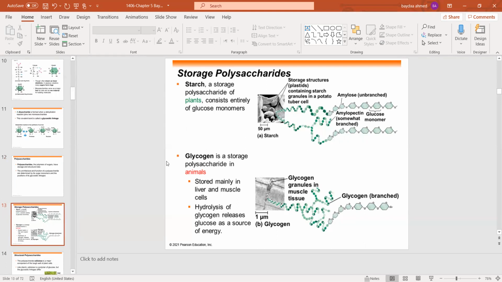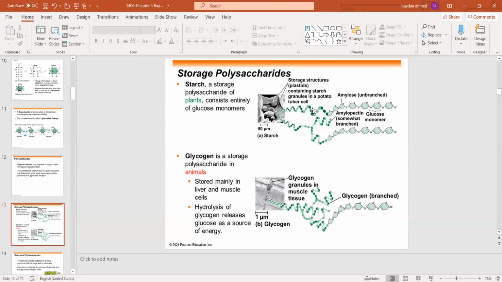Both plants and animals store sugars for later use in the form of storage polysaccharides. So storage polysaccharides are stored carbohydrates for energy, for later use. Plants store starch, a polymer of glucose.